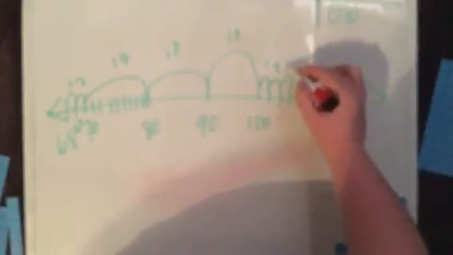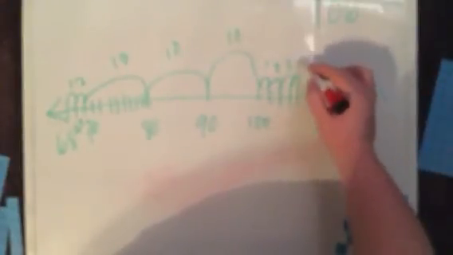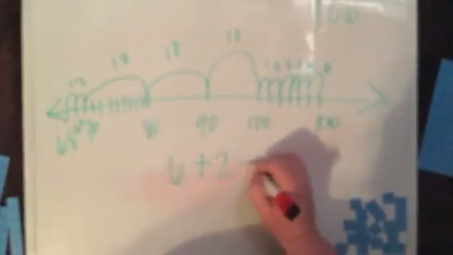So from 100 to 101, that's 1 jump. 102 to 103, that's 3 jumps. 104, that's 4 jumps. 105, that's 5 jumps. And 106, that's 6 jumps. So now we know we have 6 units here and 2 units here. We are going to do 6 plus 2.